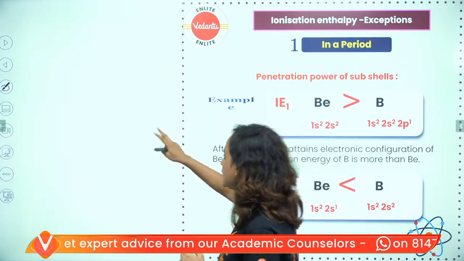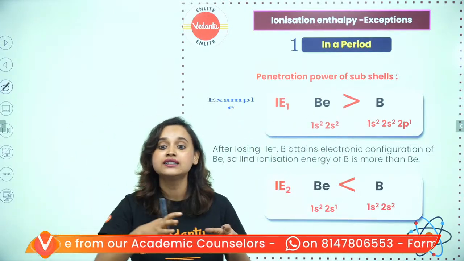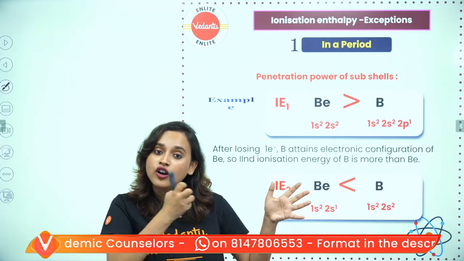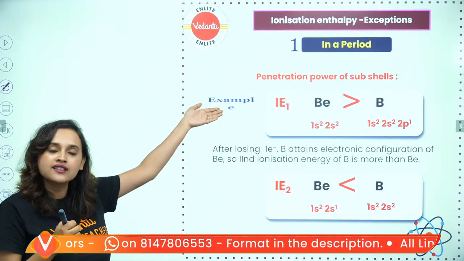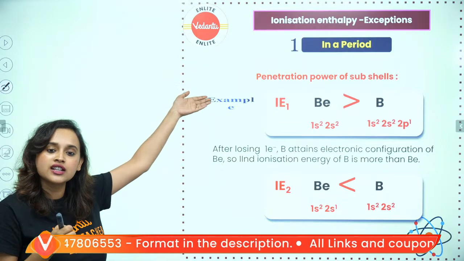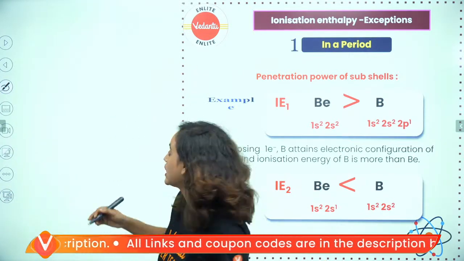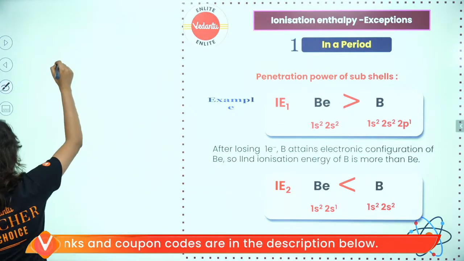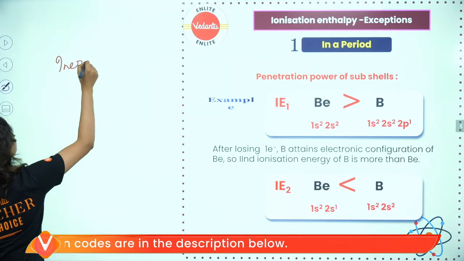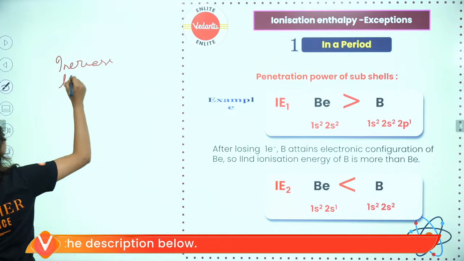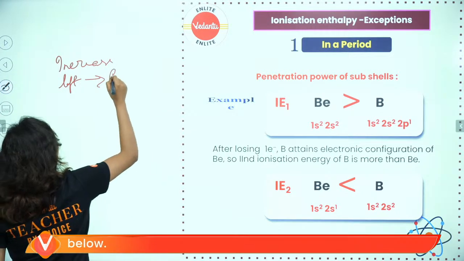So if effective nuclear charge increases, the nucleus is pulling all the electrons more strongly. That means ionization enthalpy will also increase. Left to right, it will increase.